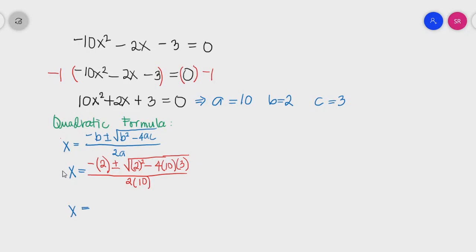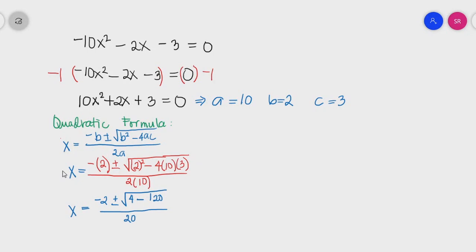So we have here negative 2 plus and minus square root of 2 squared, that will be 4, minus 4 times 10, that's 40. 40 times 3, that would be 120 all over 20.